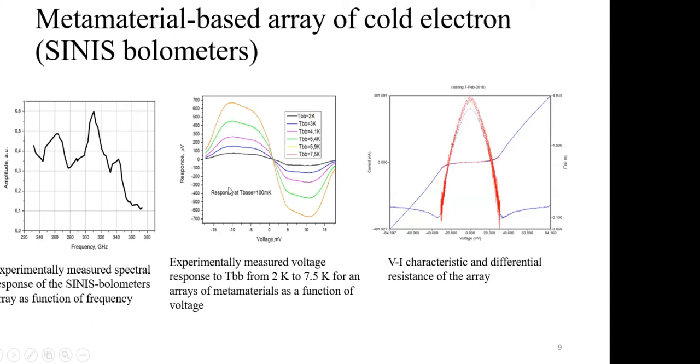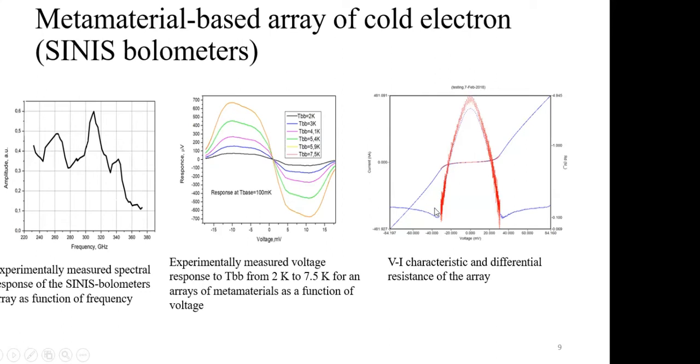In the middle, you can see the response of the structure as a function of black body temperature, in microvolts. It has an inverse behavior: as the black body temperature is increased, the result decreases, and it's the same for the positive and negative sides.